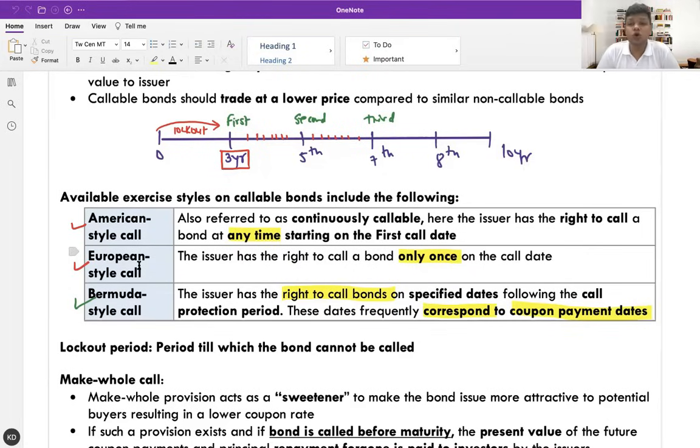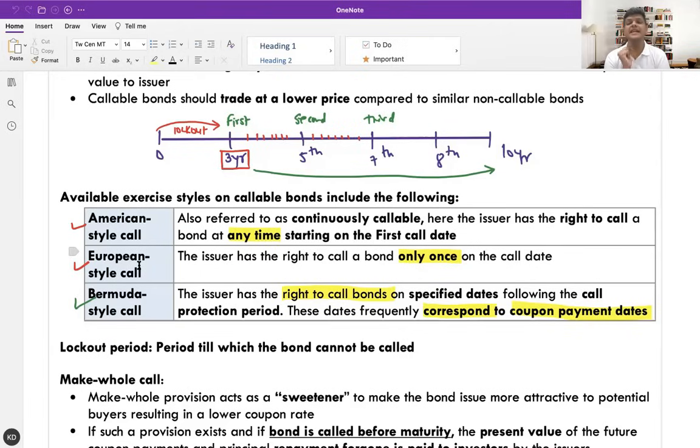Why? Because they will lose out. What will they lose out? Let's say an investor's bond is being called back. The investor will lose out a big amount for the next, in this case, let's say 7 years. For the next 7 years, the investor who was supposed to get a 12% yield will only get, let's say, 10% yield. So they'll lose out 2% extra for the next 7 years. Correct?